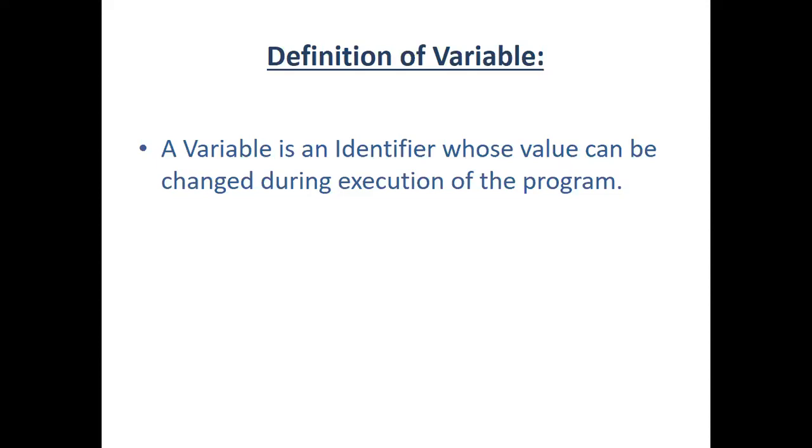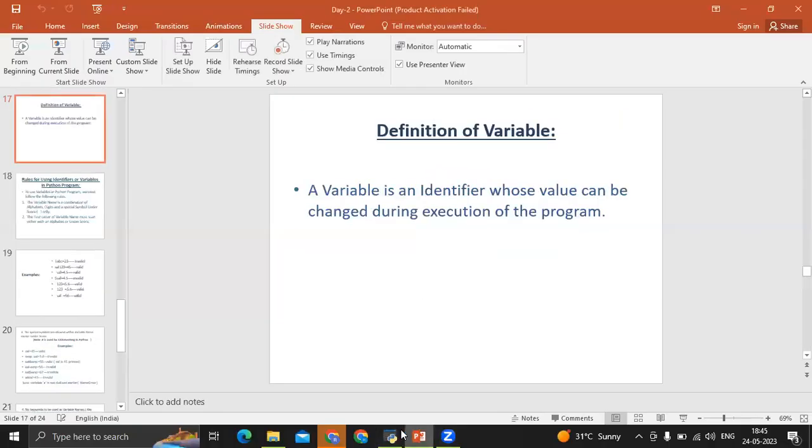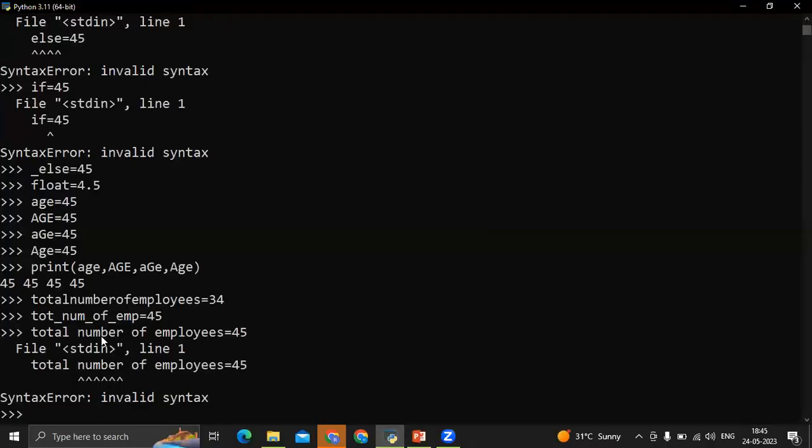So A is an identifier. As I have written here, total number of employees is equal to 34, right? If we write like this, this will be the variable.